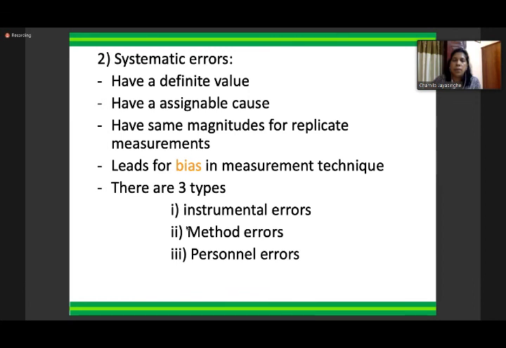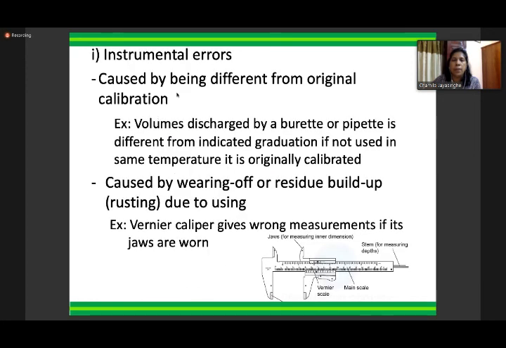So systematic errors are of 3 types: instrumental error, method error, personal error. What is instrumental error? It is caused by being different from the original calibration. Volumes discharged by a burette or pipette are different from the indicated graduation if not used at the same temperature at which they were originally calibrated.